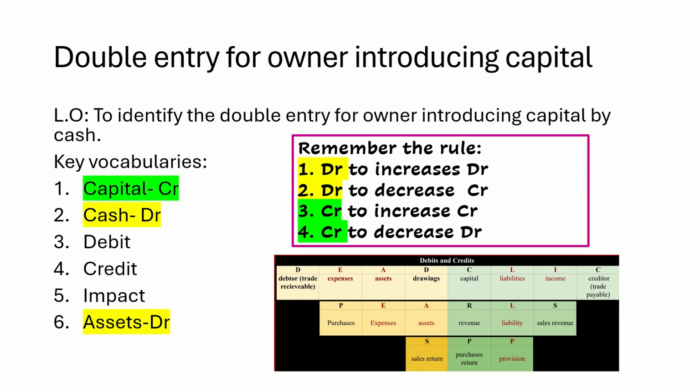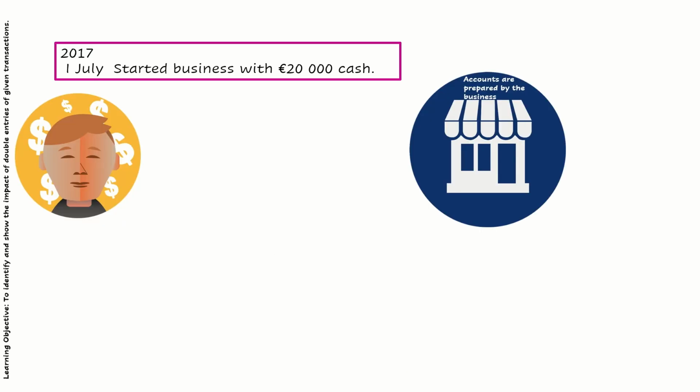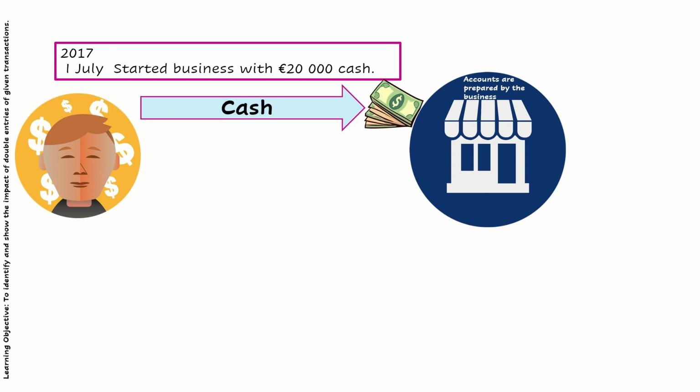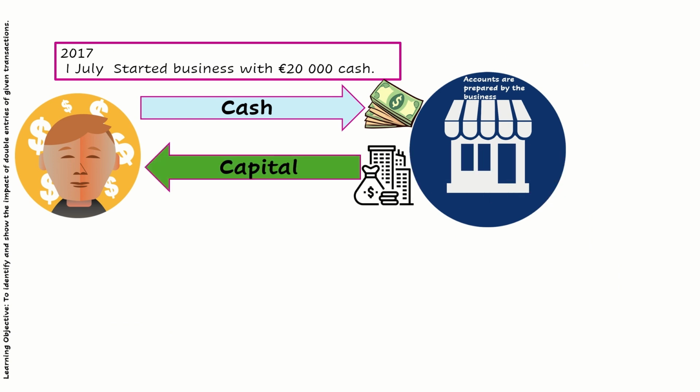Remember the rule: debit to increase debit, debit to decrease credit, credit to increase credit, credit to decrease debit. 1st July 2017, started business with 20,000 cash. Cash debit, capital credit. Cash comes into the business and the business prepares a capital account on behalf of the owner.